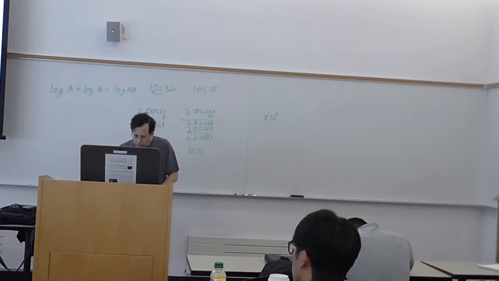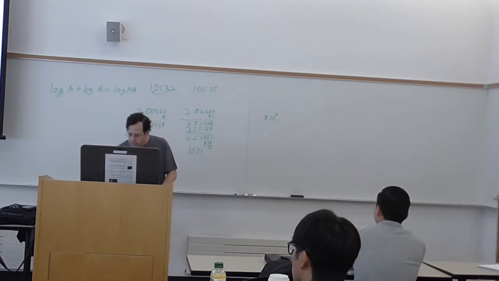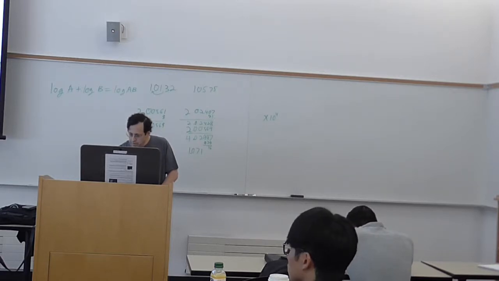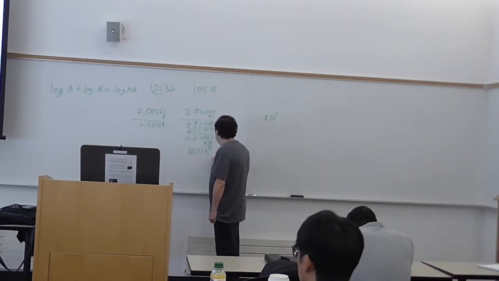And now I have to do two things at once. 979. Difference is 16. So I look up in my little 40 table. I look up 16 and I see that's 4. That tells me my last digit is 4.